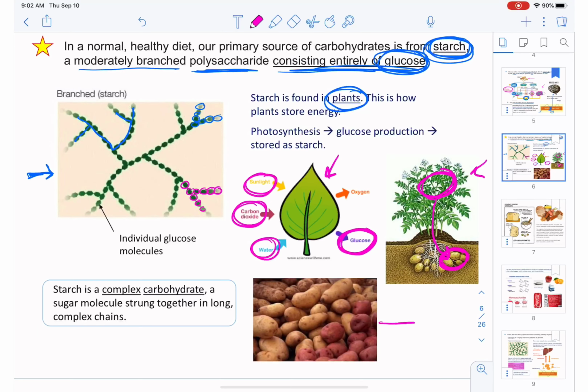So potatoes have a lot of starch in them. Now, starch is what we call a complex carbohydrate. Okay, any carbohydrate that's strung together in long complex chains, like we see here, is considered a complex carbohydrate.